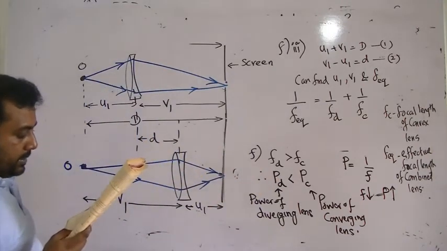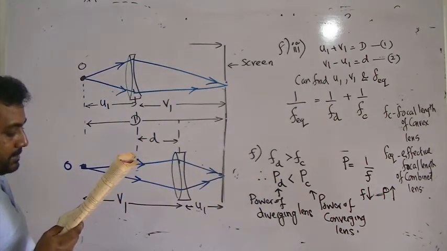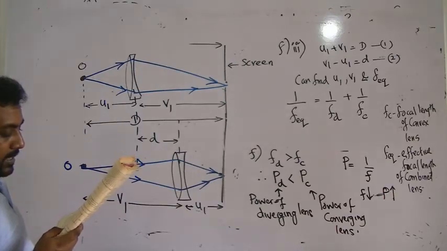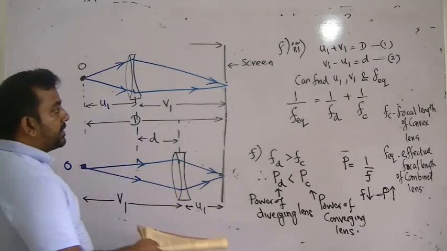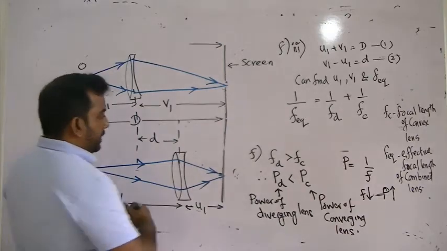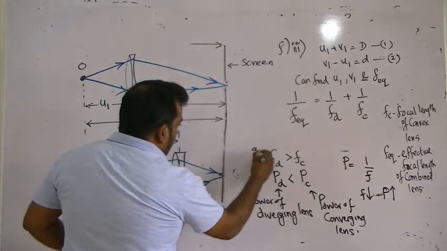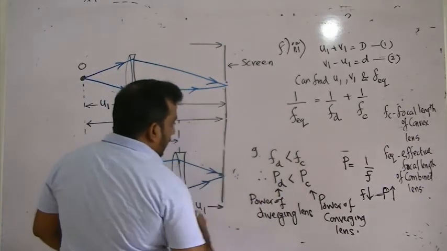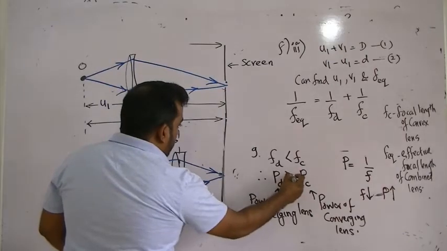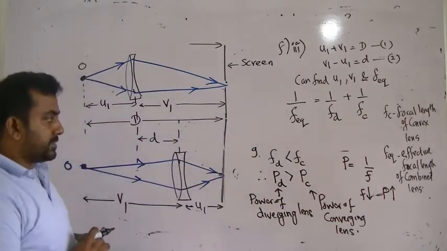Okay, right. Part G: this method cannot be used with a diverging lens having a focal length less than the convex lens. Correct? If the diverging lens has the lesser focal length, the power of the diverging lens will be greater than the power of the convex lens.